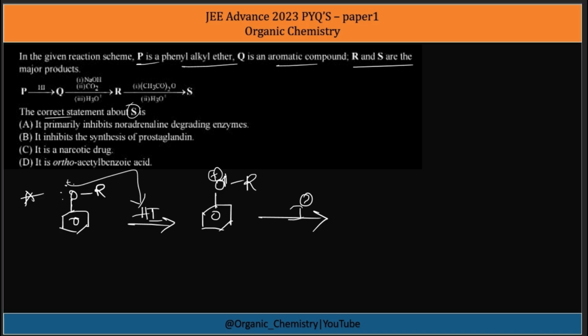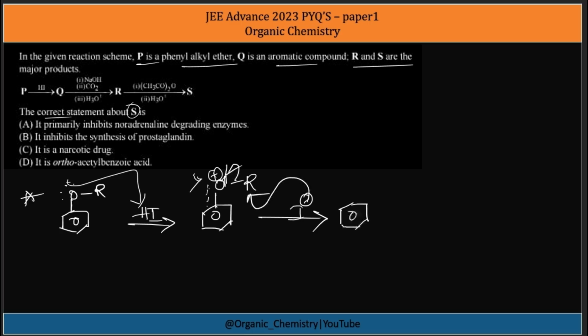But it won't attack on the phenyl group, because there is a lone pair on oxygen, right? Due to the resonance, we are getting partial double bond character between the phenyl group and oxygen, so it won't attack on this. So it will attack on this alkyl group and this bond shifts towards oxygen.